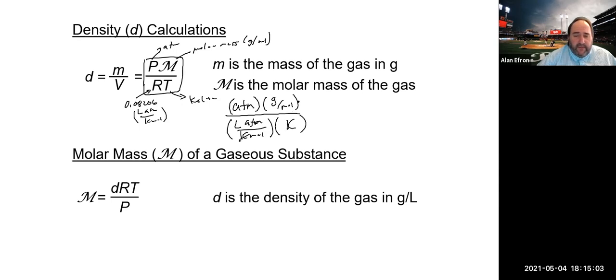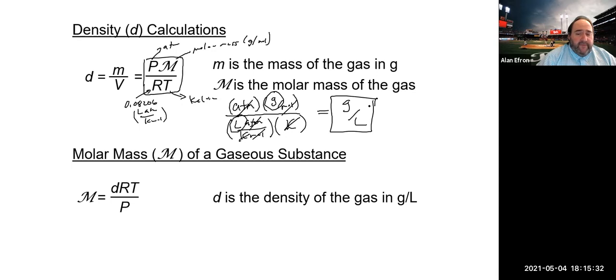Kelvin will cancel, moles will cancel, atmospheres will cancel. The units we are left with are the typical units of density for a gas, which are grams per liter. Remember, the units we typically associate with density for a solid or a liquid are grams per milliliter, so this is slightly different.